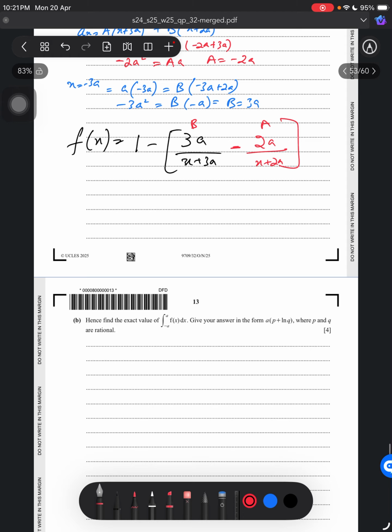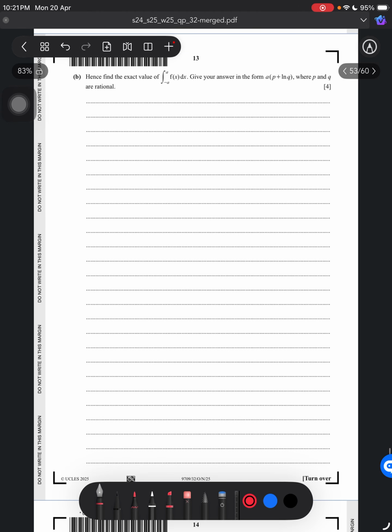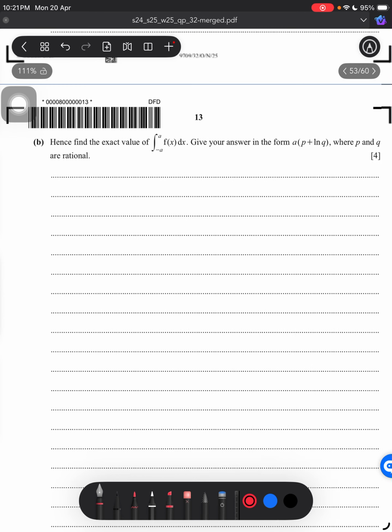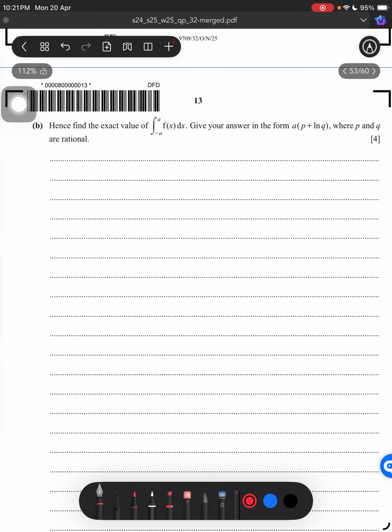Now, for that we have the integral of this. So if we are going to integrate the partial fraction, 1 minus 3a over x plus 3a plus 2a over x plus 2a, and the limits are minus a and a.